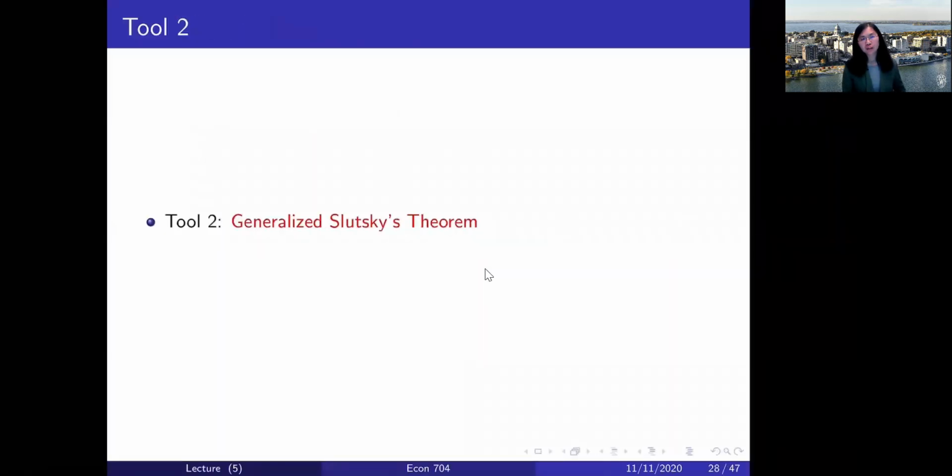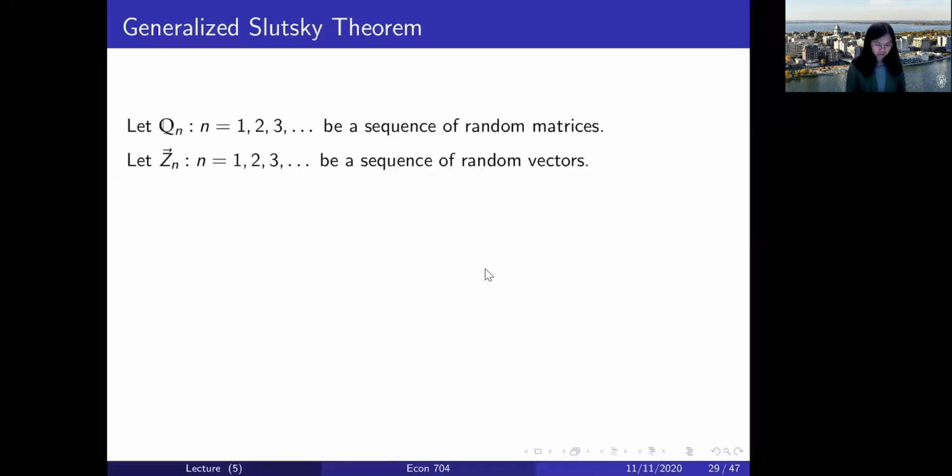And that's our first tool. The second tool we are going to need is the generalized Slutsky's theorem. This theorem generalizes the Slutsky's theorem that we used to prove the consistency of the OLS estimator. So let me state the generalized Slutsky theorem first.